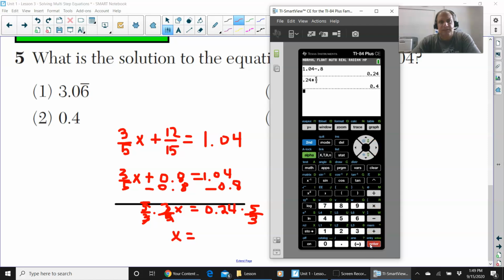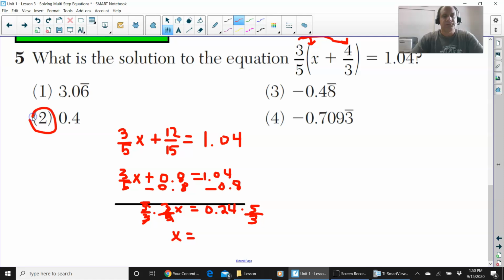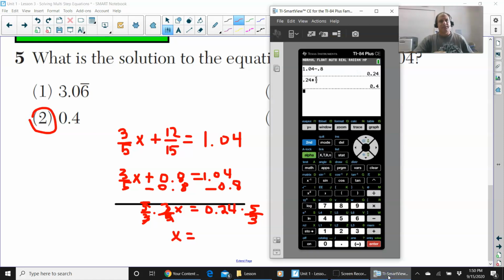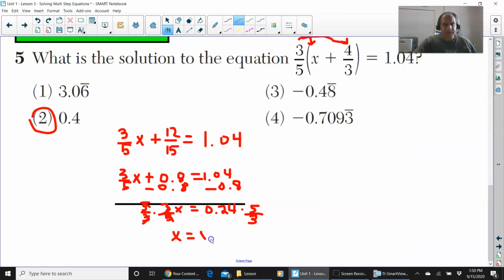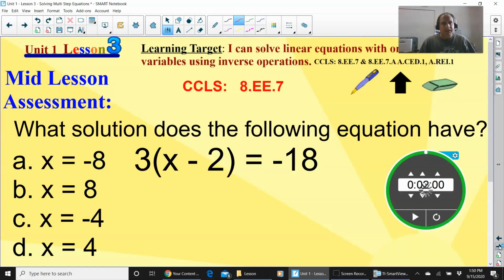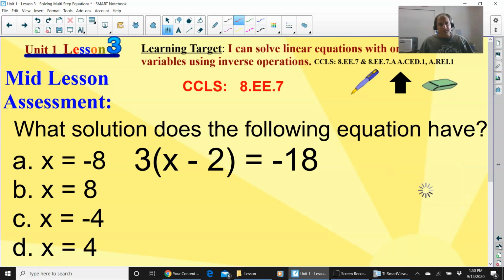Enter. 0.4, 2. 2's your answer. You have 0.4. It's great. Love the calculator. It's not just that I'm a teacher and I love it. It's just that it gives you the answers, and anything that gives you the answers I kind of love. All right, because I did everything by hand in my day, and it was miserable.